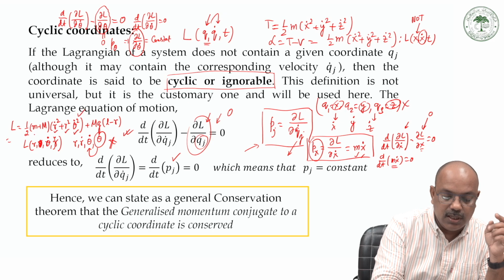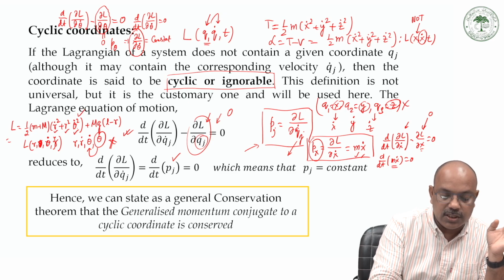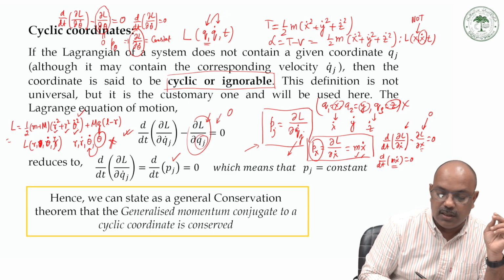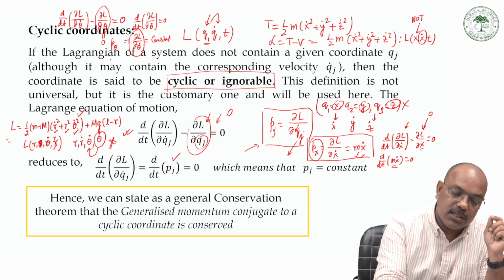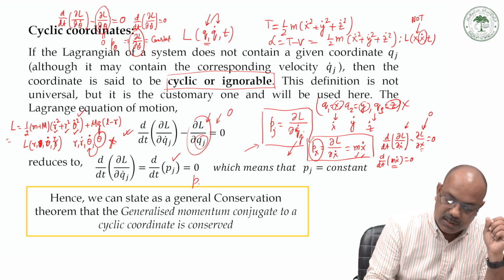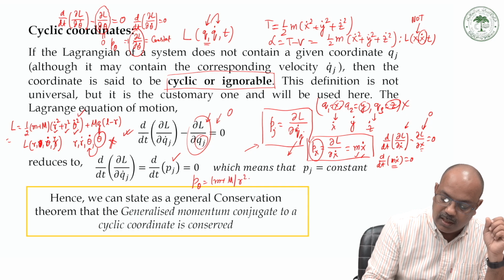This is m r squared theta dot, so p theta is m r squared theta dot.